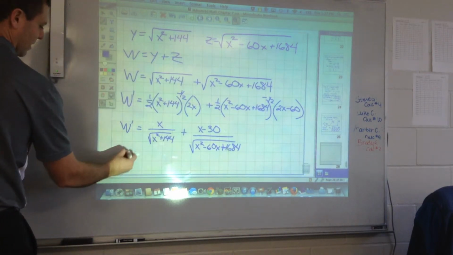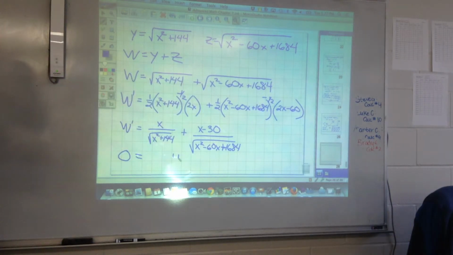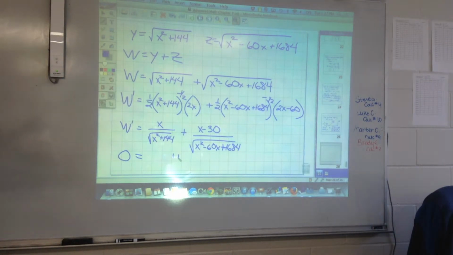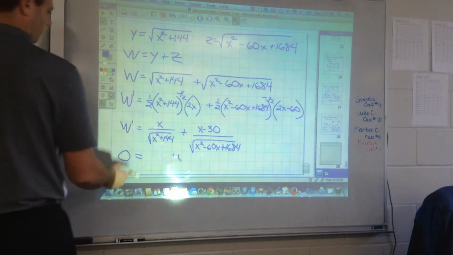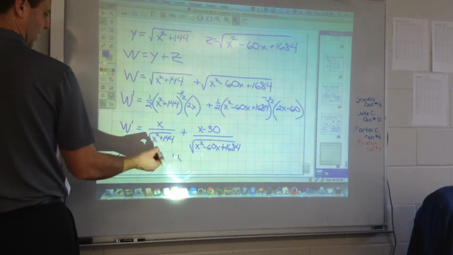All right. So I set that equal to 0, and then if I move one of the terms over to the other side, it would make that term negative.